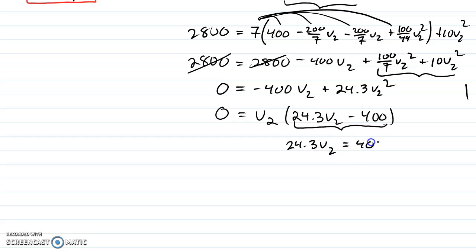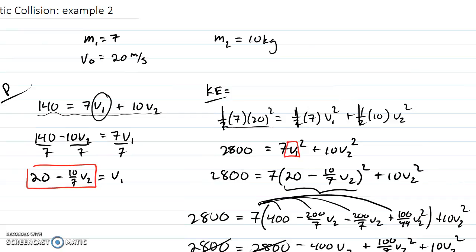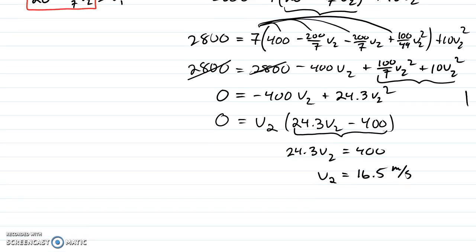I add 400 to both sides. I divide by 24.3. What's 400 divided by 24.3? That's going to come out to be 16.5, basically, meters per second. Alright, so v2 is having a velocity of 16.5 meters per second.